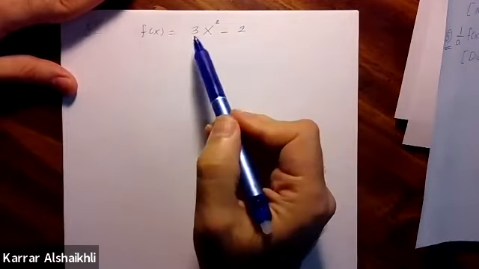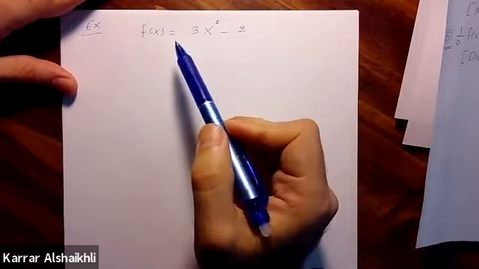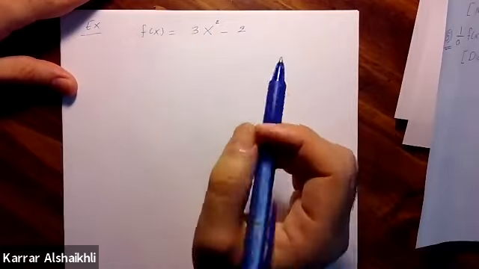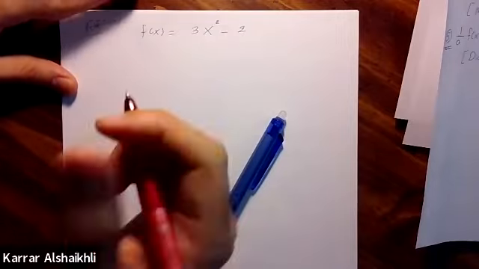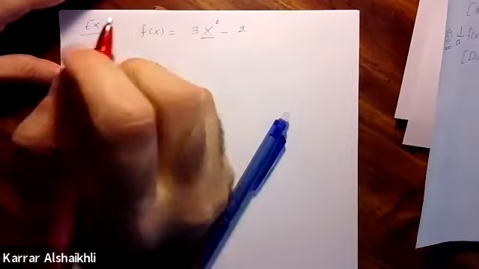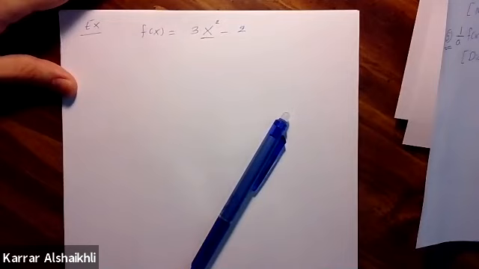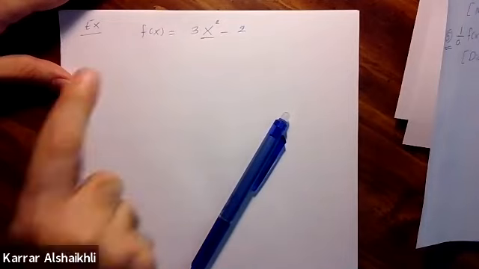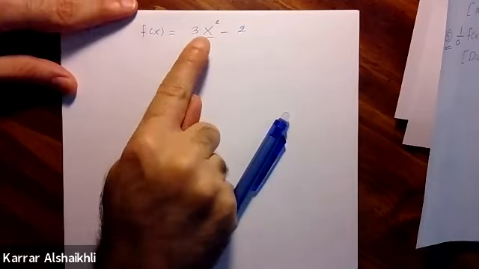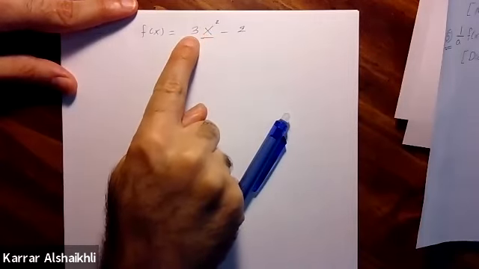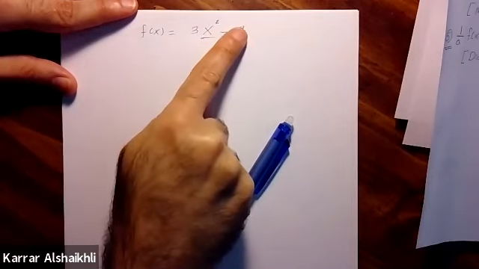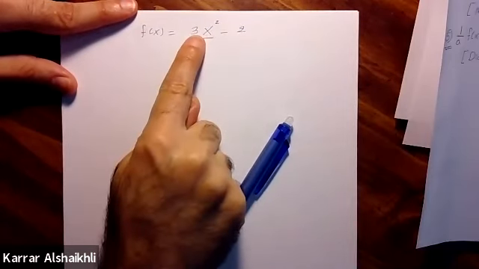So now here, let's start. Always start from the left to the right to write down the techniques. So the parent function here is the x squared. Now I have a number outside, multiplied with the parent function, 3x squared. I'm not going to care about this number now. I'm starting with the first technique.